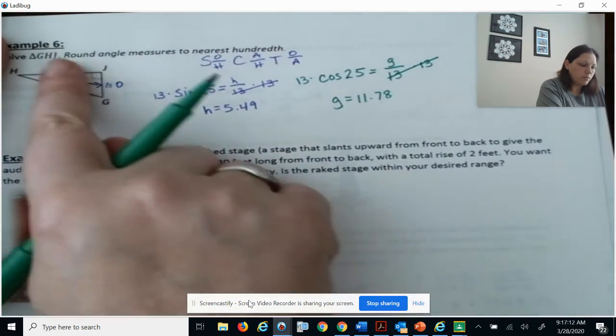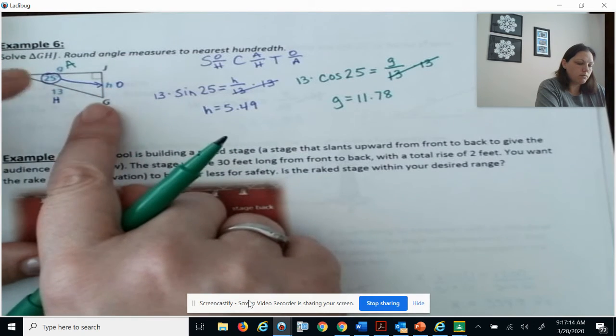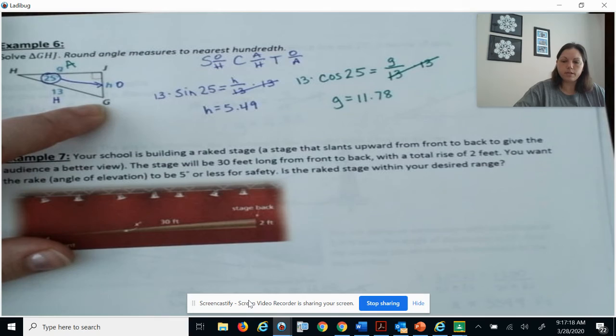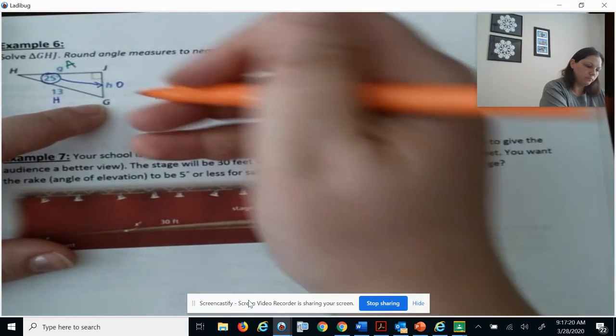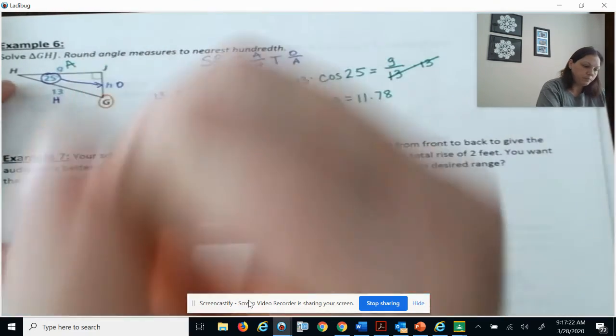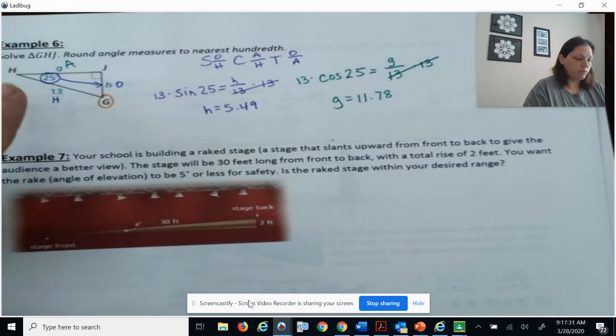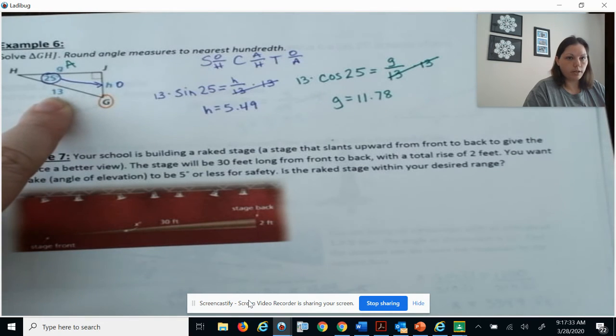Okay, so now I know all my side lengths, but I don't know the measure of angle G. So if I look at the measure of angle G, I can pick what I want to use. I definitely want to use the known values here.